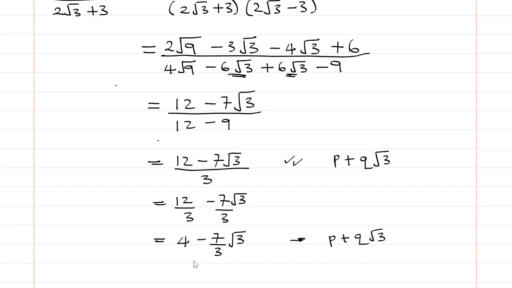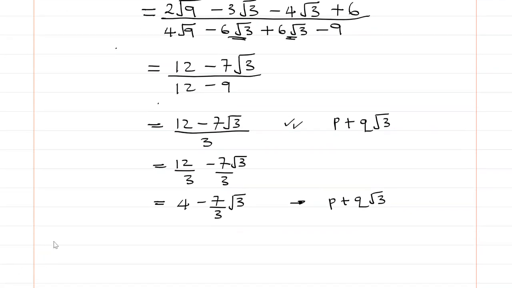And on comparing, because in some question papers they say and hence deduce for p, this p here corresponds to 4. So we can just say p is 4. And then q is the number before root of 3, and the number before root of 3 here is 7 over 3.